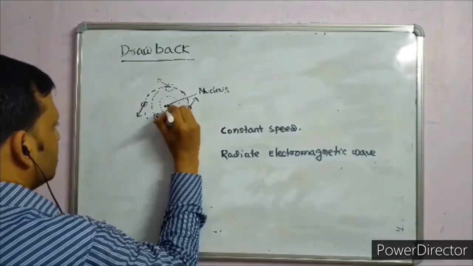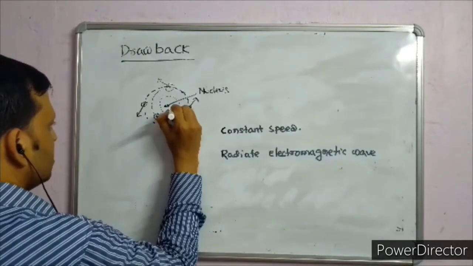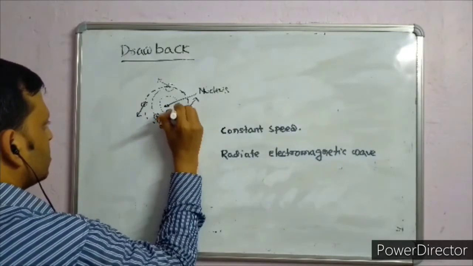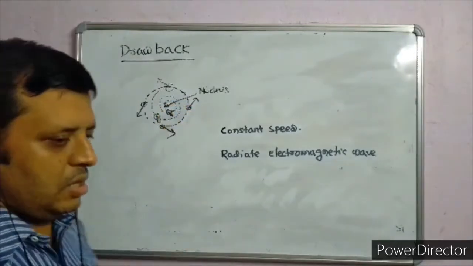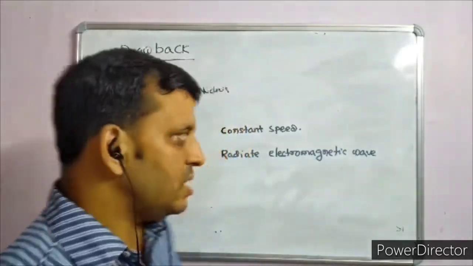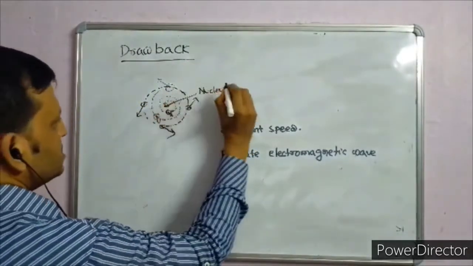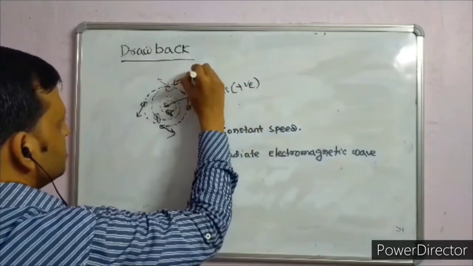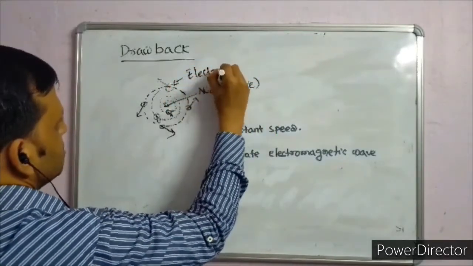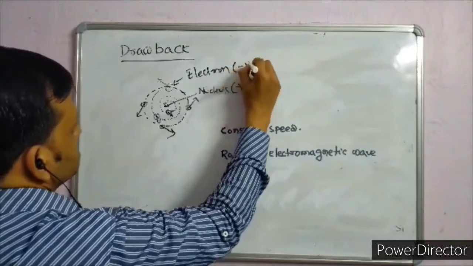So at a certain time it should fall into the nucleus. Another way you can say it is that your nucleus is positively charged and these electrons are negatively charged.